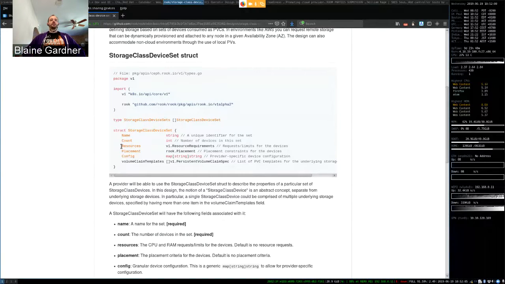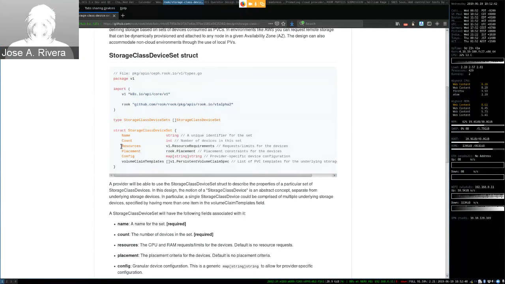And so it seems to me like a device set really should just be a set of devices, and we should figure out how to handle the case of resource requests being different for different disk types at the level of the OSDs, where it can also apply to physical disks.